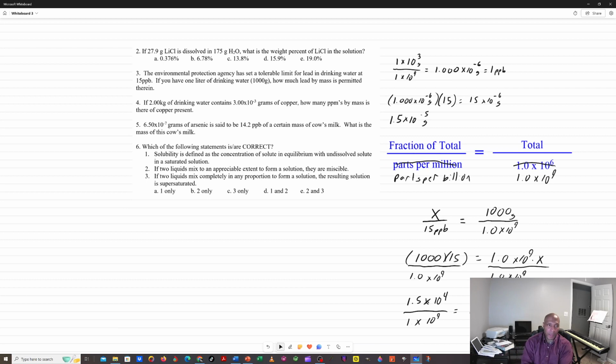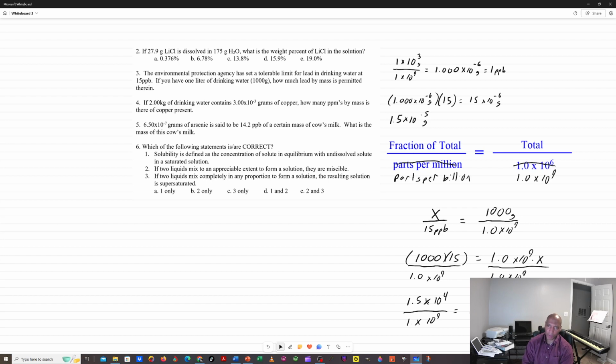Okay, let's take a look at number, let's see, I'm on number 4. If 2 kilograms, so that's 2,000 grams, of drinking water contains 3.00 times 10 to the negative 3 grams of copper, how many parts per million by mass is there of copper present? Now this time I'm not going to use the rubric at all.